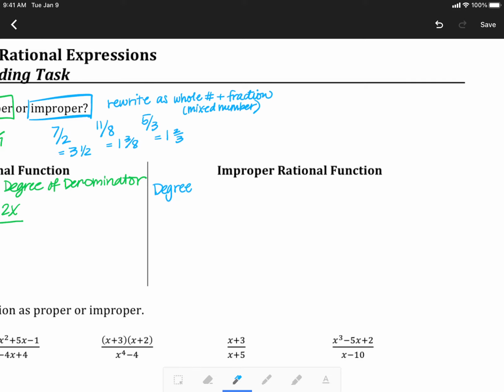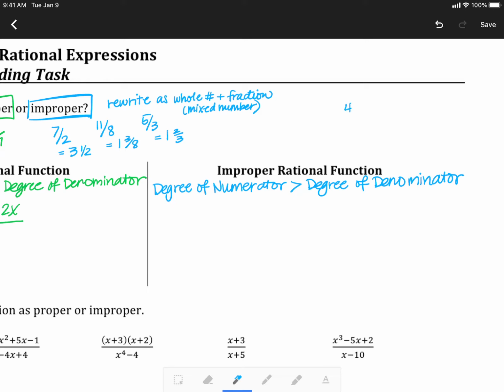So the degree of the numerator is greater than the degree of the denominator. But if one of our classifications is that we can write this as a whole number or write this as a mixed number, what happens when the degree of the numerator is the same as the degree of the denominator?